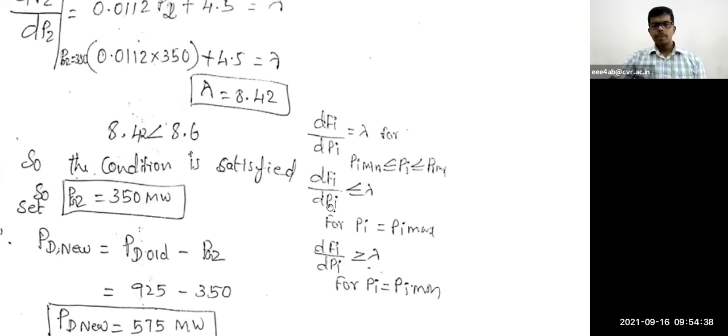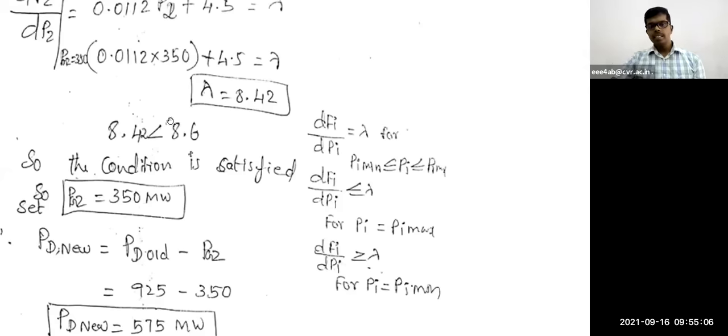While substituting PG2 as 350 megawatt, we found dF2 divided by dP2, that is 8.42. So 8.42 should be less than or equal to 8.62.